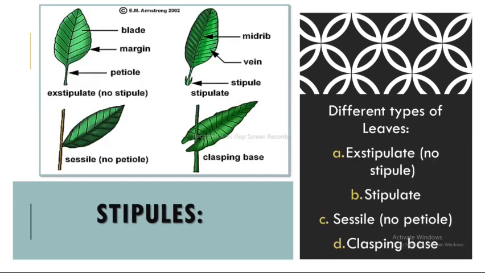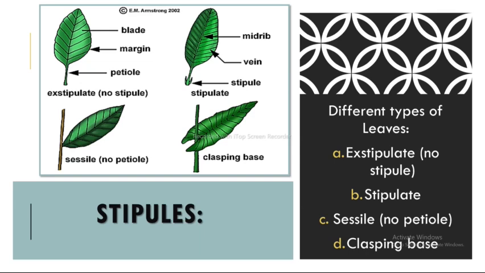So again these are the different types of the leaves with the stipules. In the figure A you can see that this is the blade of the leaf, margin of the leaf, and this is petiole. And as no stipule is present, so this condition is known as exstipulate. Exstipulate means no stipule.